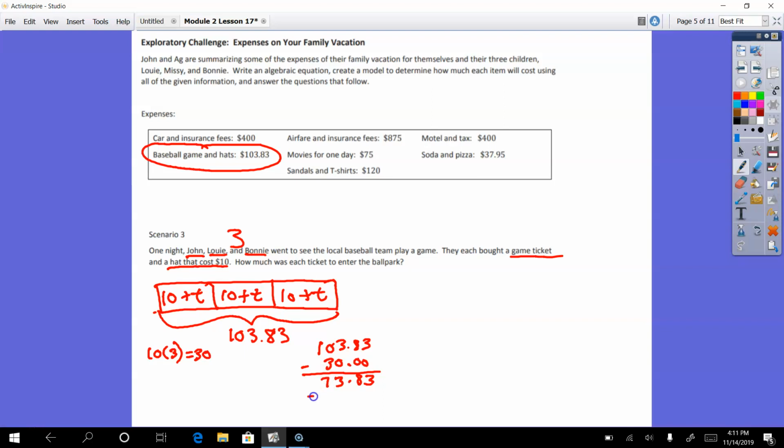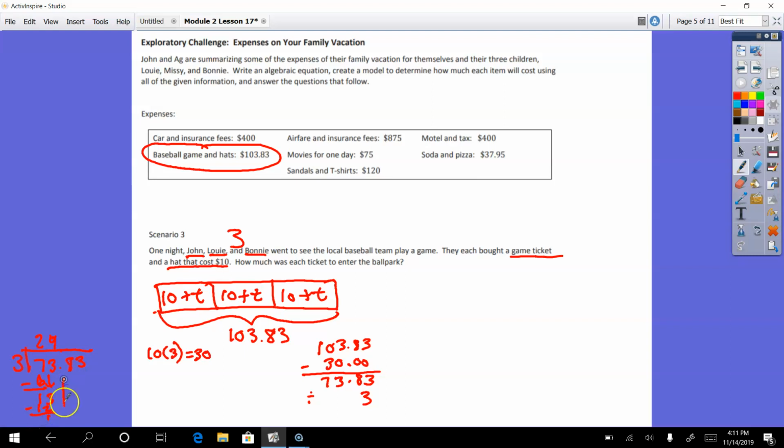And then they bought 3 tickets, so we're going to divide that by 3. 3 will go into $73.83. 3 will go into 7 2 times. 3 times 2 is 6, minus is 1, bring down 3. 3 will go into 13. 4 times is 12. Subtract.